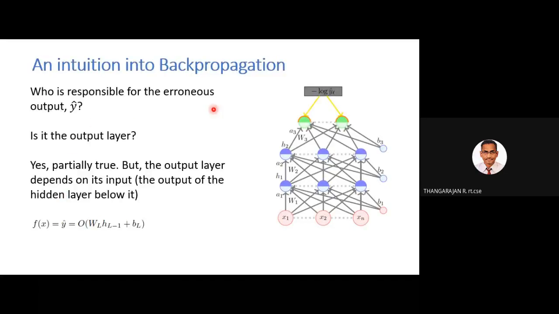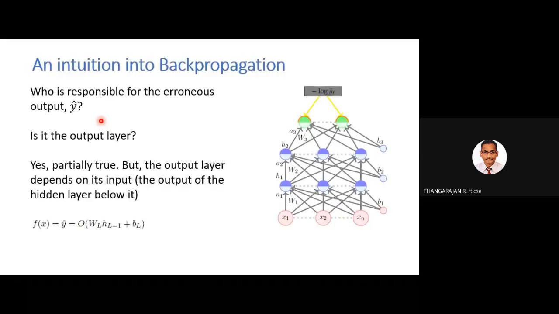Now when I talk about backpropagation, I told you there is an error between y cap, the actual output, and y, the desired output. So there is always a difference between y cap and y. That means when the network makes an error, the difference between y cap and y will be more.